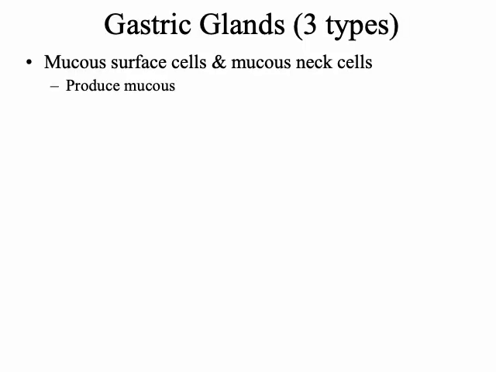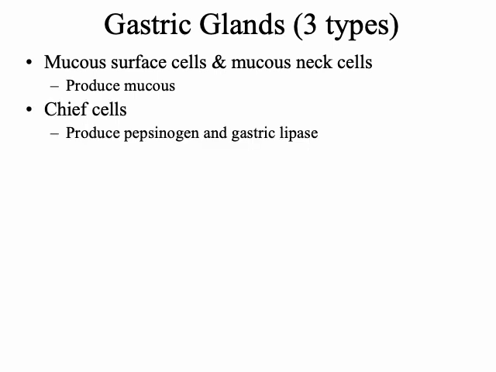Speaking of gastric glands, we've got three types. We've got mucus cells. We need that to protect the surface epithelium of the stomach from the hydrochloric acid, right? Mucus is alkaline, so it actually is a really great neutralizer and keeps those cells protected. We have chief cells, and I've always remembered that chief cells are like in charge, right?